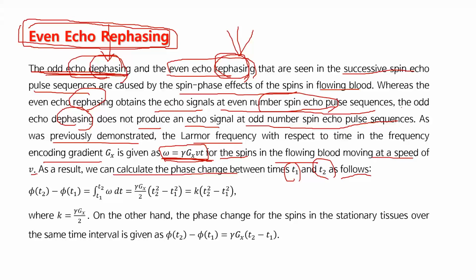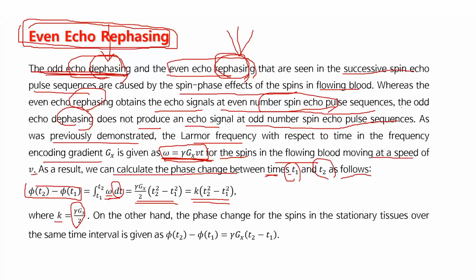The phase change as the angular frequency integrated from t1 to t2 is given by this expression. And if you use this value k, then we can have this as the phase change between times t1 and t2.